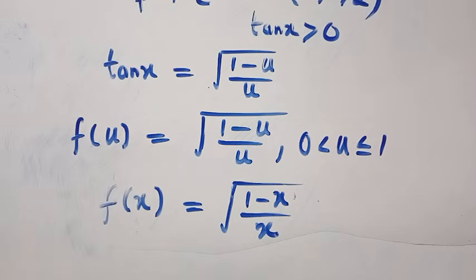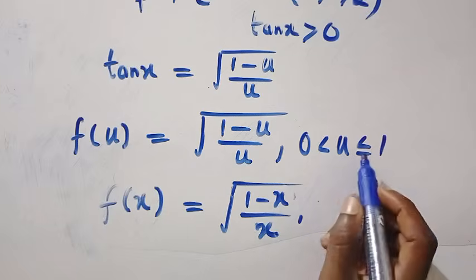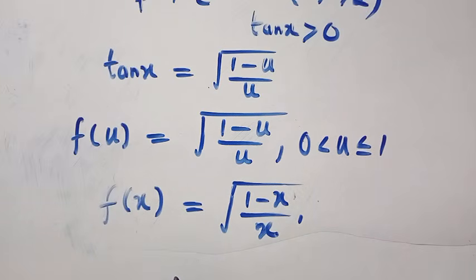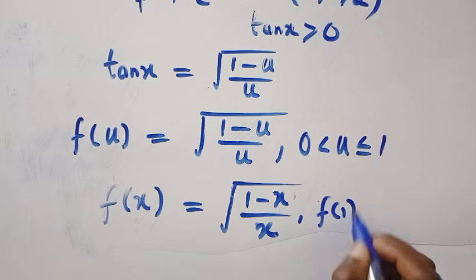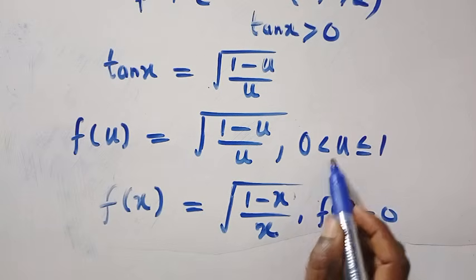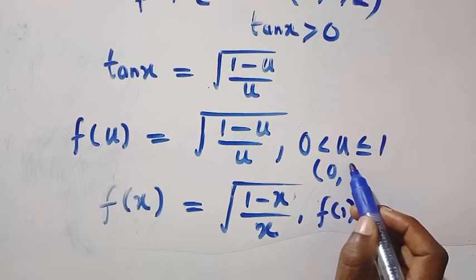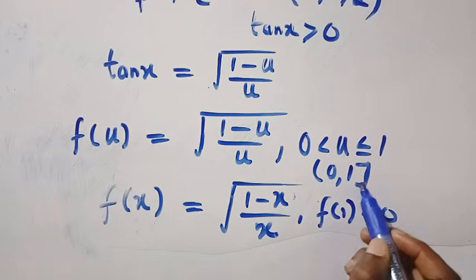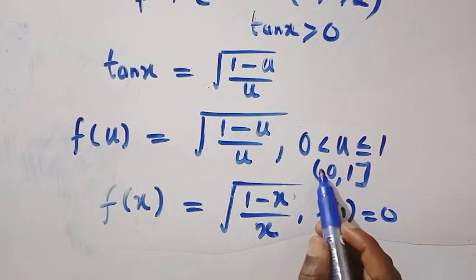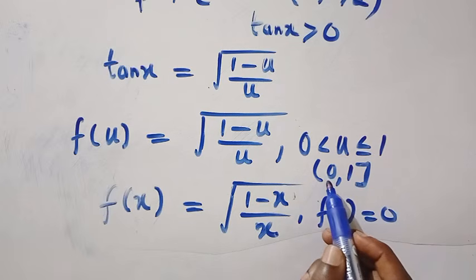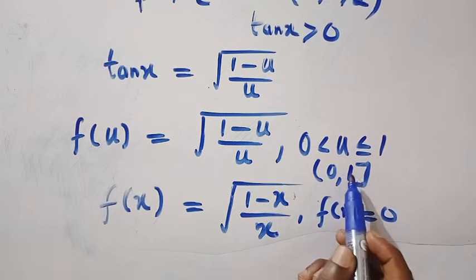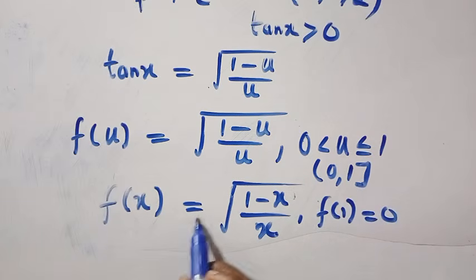Since we are considering f of 1 to be part of this domain, f of 1 will be equal to 0. The domain is the interval (0, 1]. The round bracket means 0 is not part of it, and the closed bracket means the number stops at 1. So f of x equals the square root of 1 minus x over x is the solution to this function.